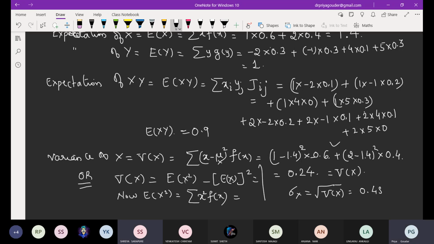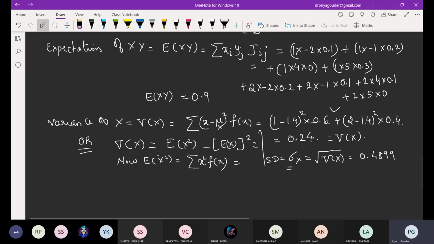Yes, this is now second value calculated. This is called as standard deviation of x. Same way, you have to apply and find for variance of y. Will you try?